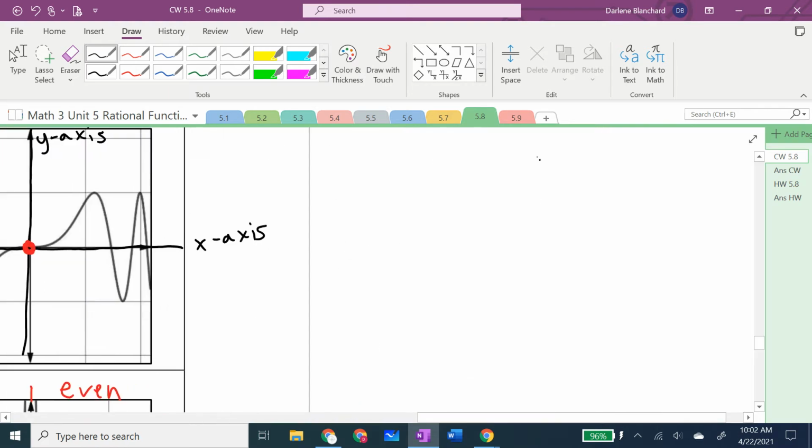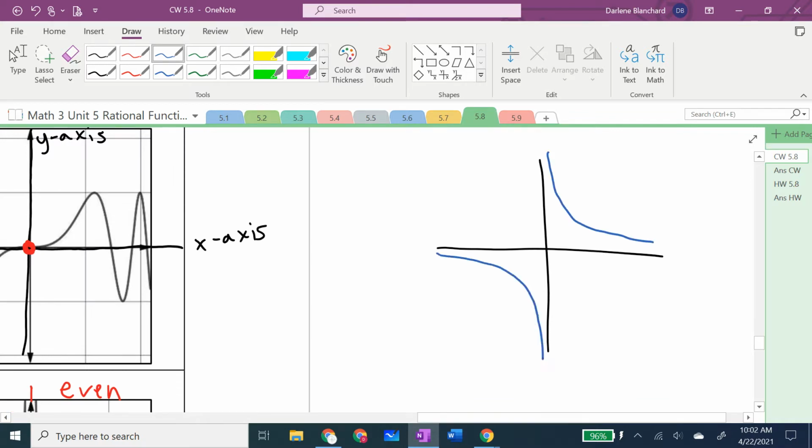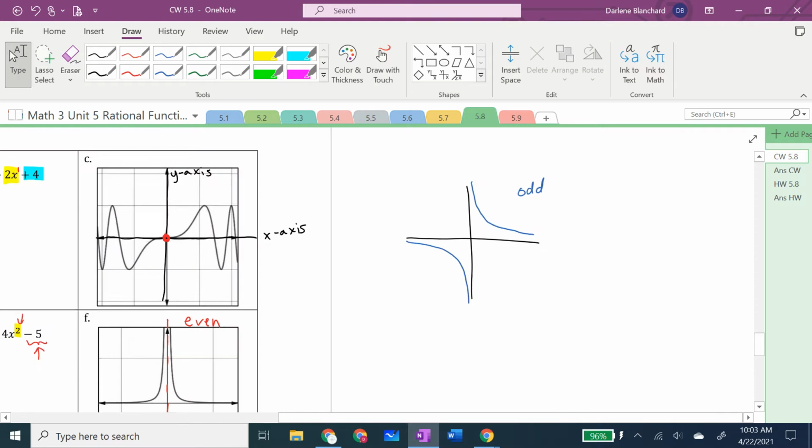The odd graph of 1 over x, this is an odd function, but it is undefined at x equals 0. It doesn't have a y-intercept. So one way you could look at it is either it has y-intercept 0 or no y-intercept at all, if it's going to be odd. So I'm hoping that helps you out with that issue.